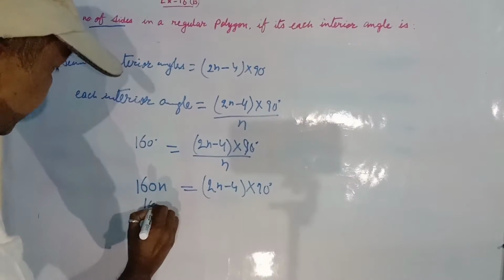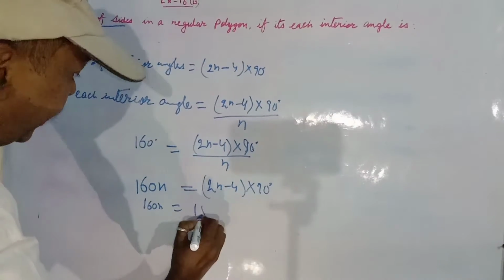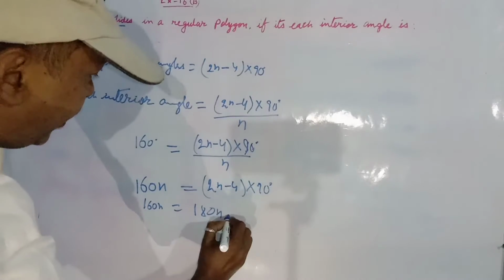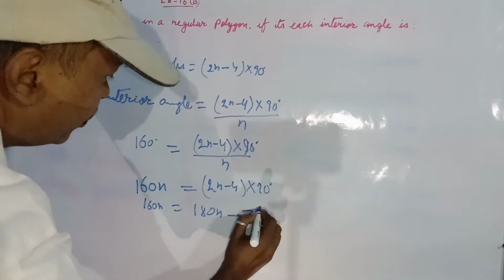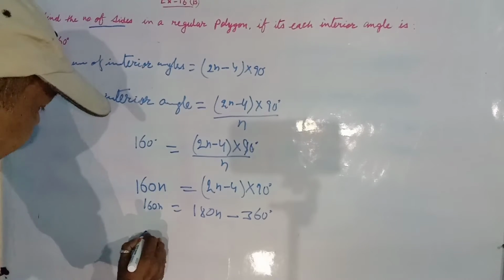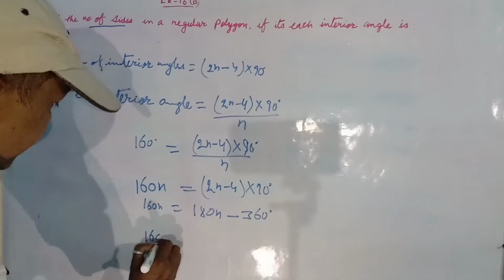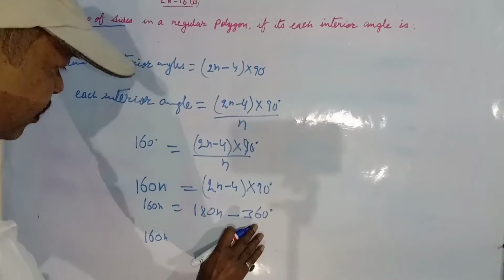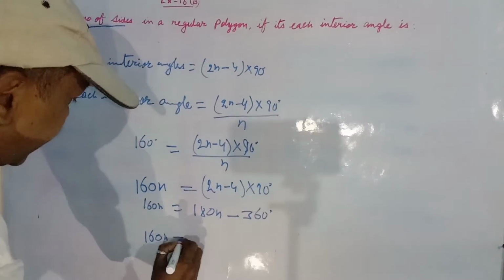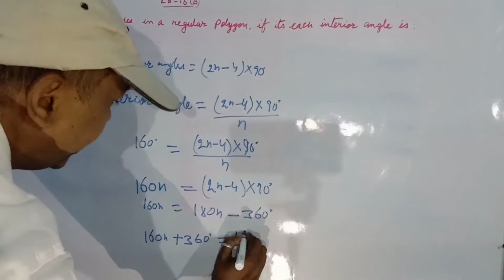Then 160n equals to 2 nines are 18, then 180n, then minus 4 nines are 36, means 360 degree. Now 160n, now minus 360, we will transpose here, and then it will be plus 360 degree equals to 180n.